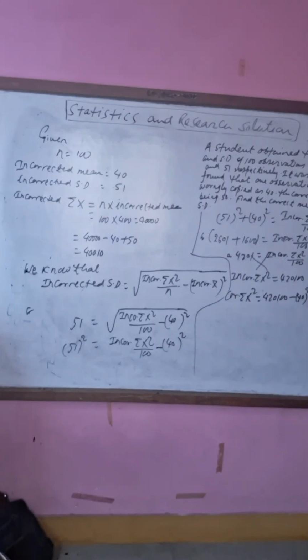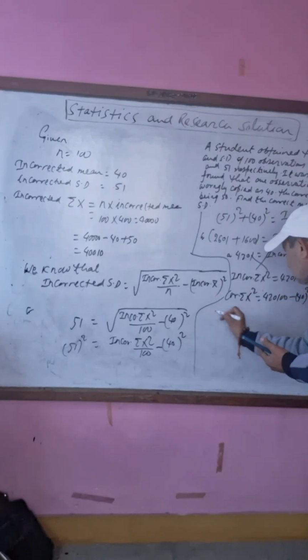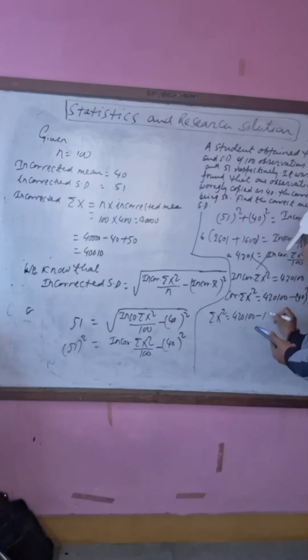Now what will be the value? You calculate. Summation x square is equal to 420100 minus 1600 plus 2500.